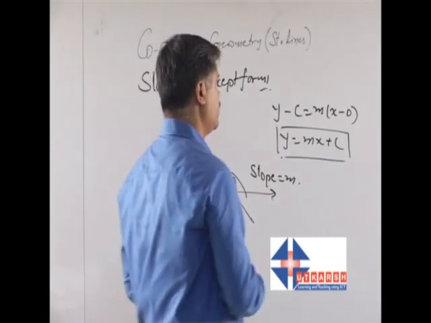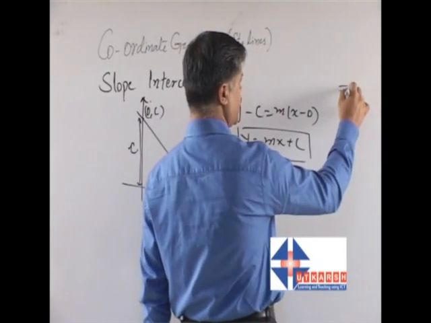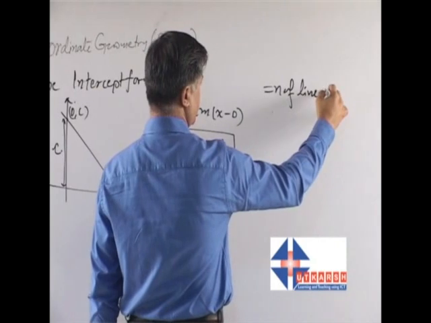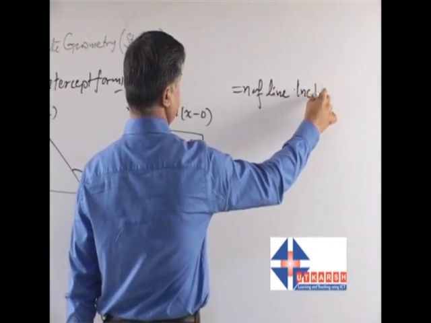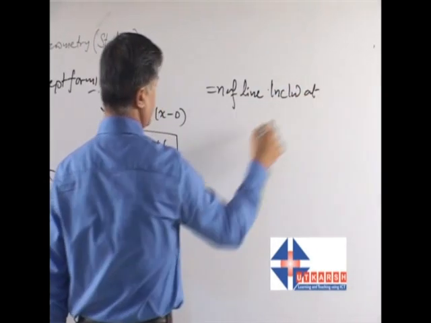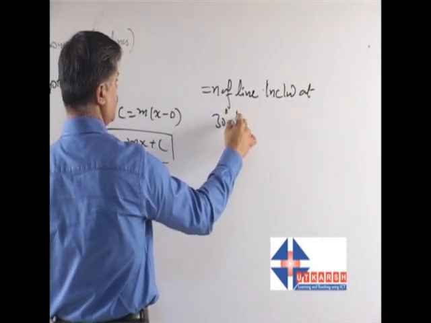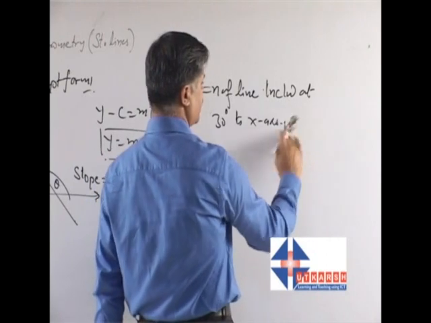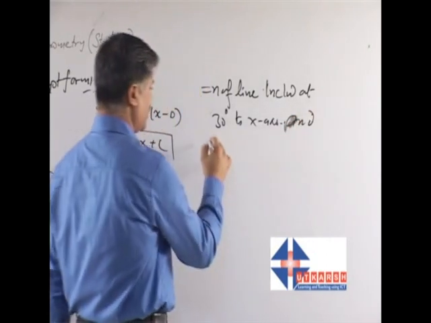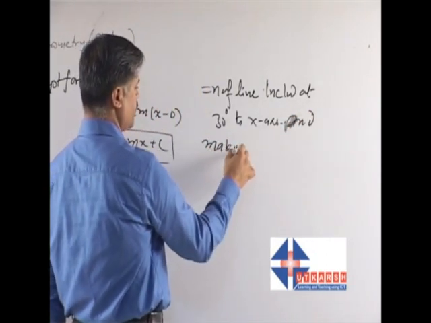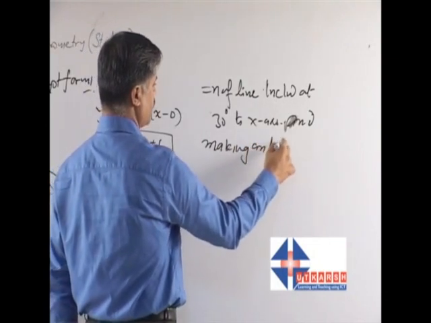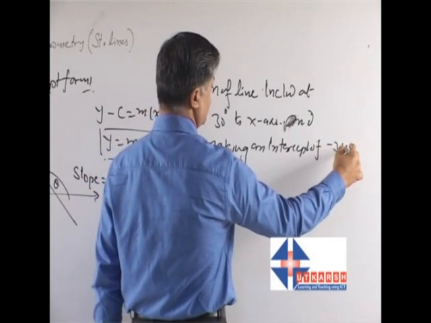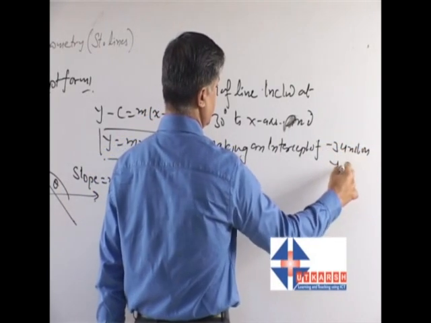Okay. For a counter example, say equation of line inclined at 30 degree to x axis and making an intercept of minus 3 units on y axis.